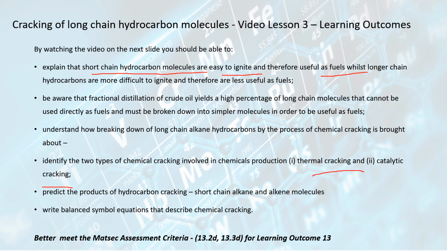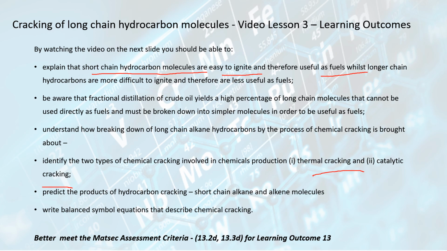But if that fraction were to be used for the purposes of cracking, for the purposes of producing shorter chain hydrocarbon molecules, then it could also be used indirectly as a fuel source. The fuels are the shorter chain hydrocarbons that would be obtained by breaking down that long chain hydrocarbon molecule into smaller molecules.